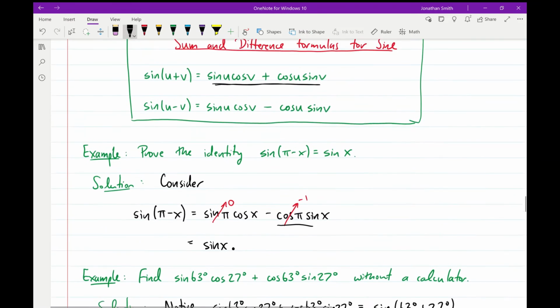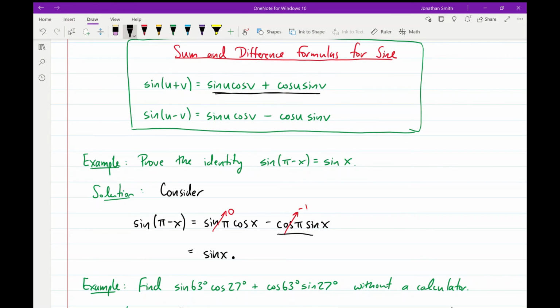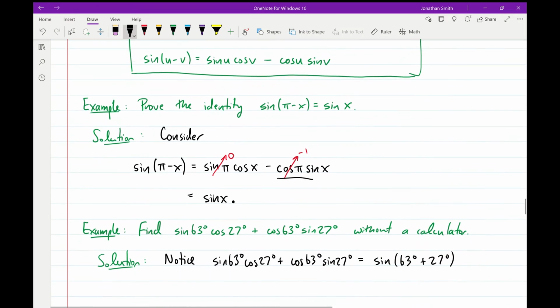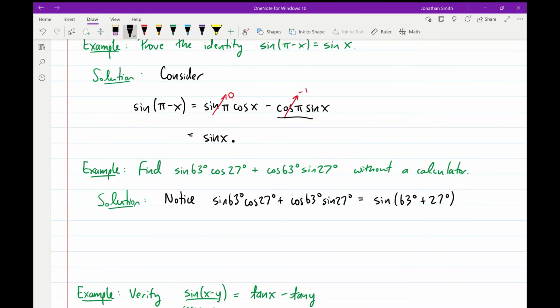So we're kind of using the sum formula for sine, but we're going in the opposite direction now. We have something that looks like the right-hand side of this equation for sine of u plus v, and we're rewriting it as sine of u plus v.